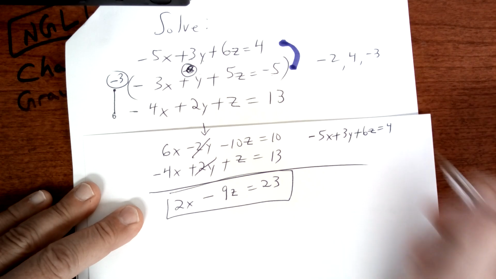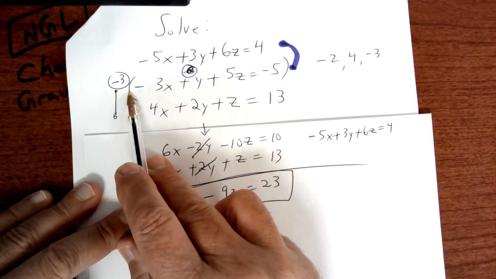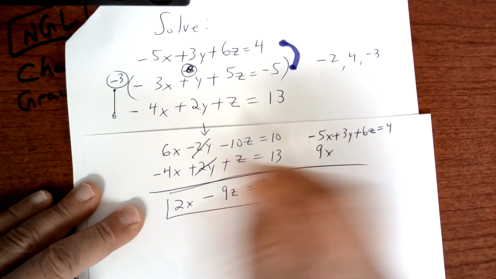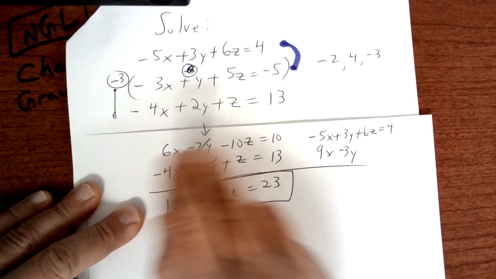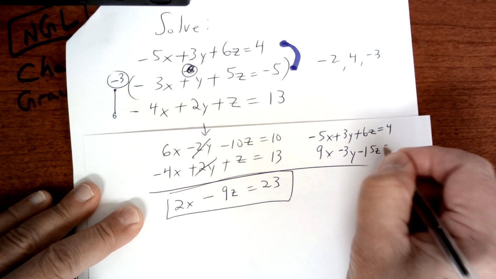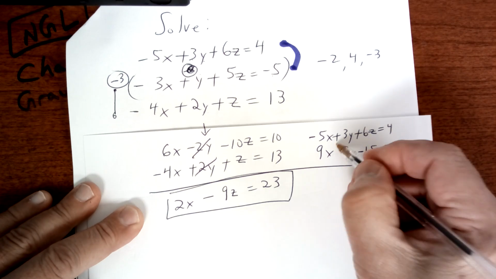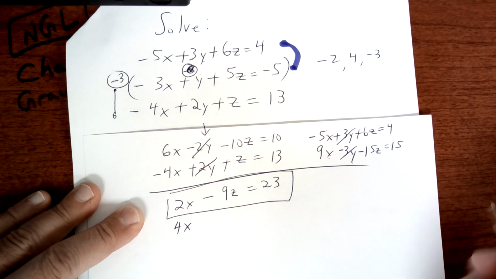Okay? But this one is going to become a positive 9x. This one's going to be a negative 3y. This one is going to be a negative 15z. And then this last one is going to be a positive 15. We're going to add these up, and we're going to get 4x. The y's cancel.